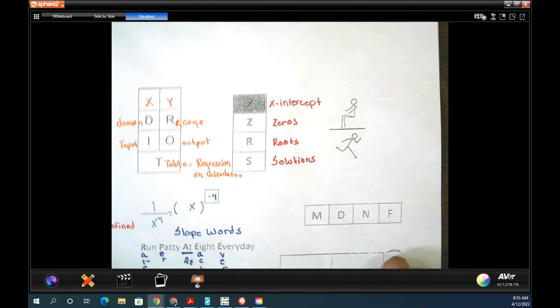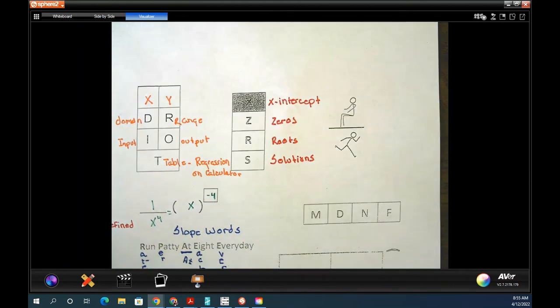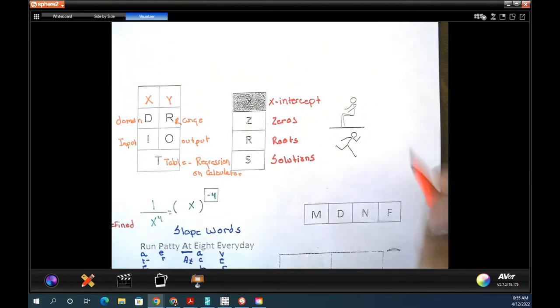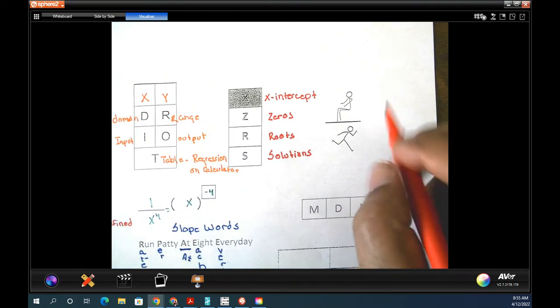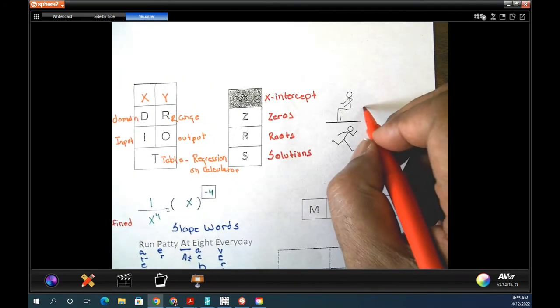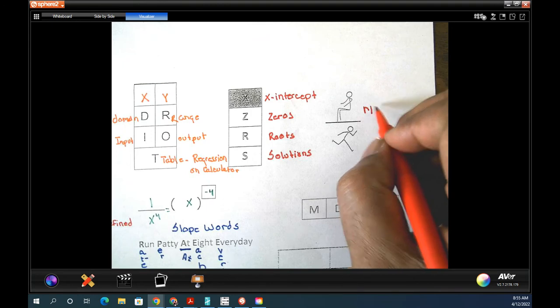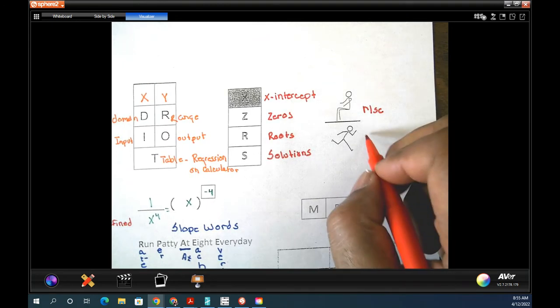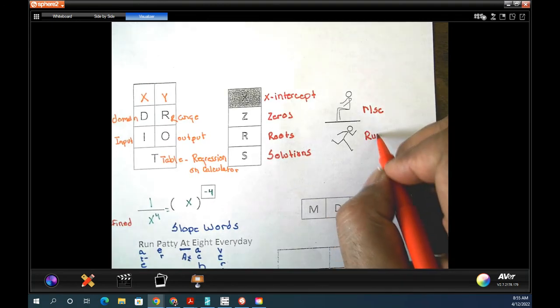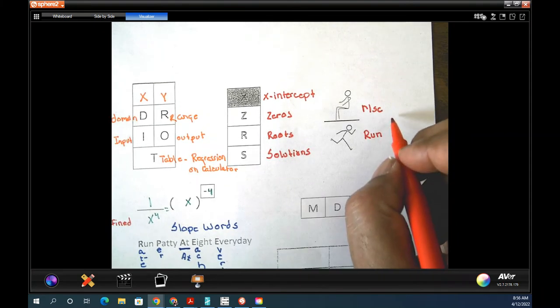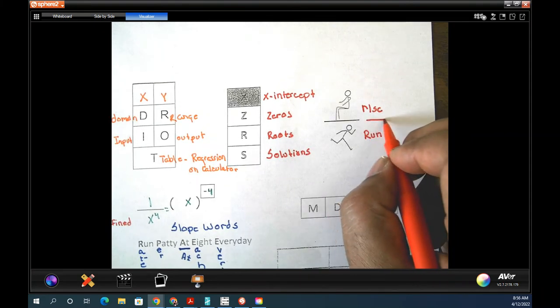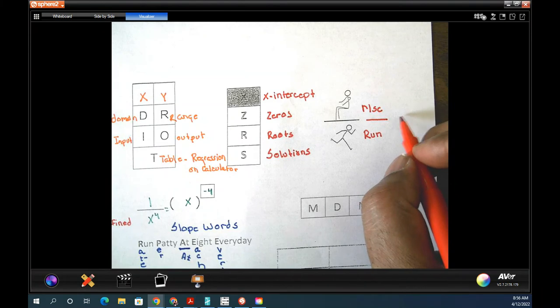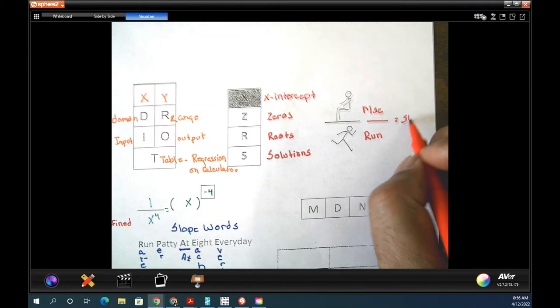Okay, now, here we go. Rise over run is equal to slope.